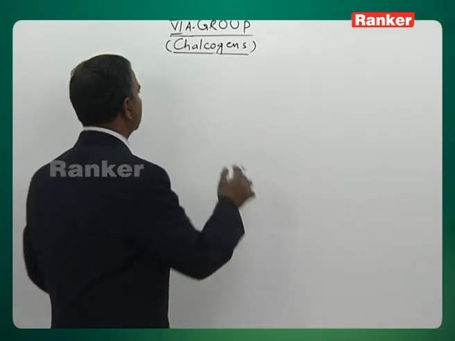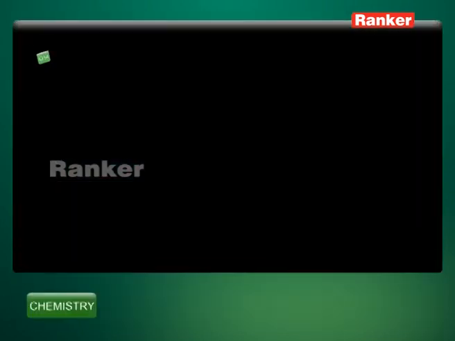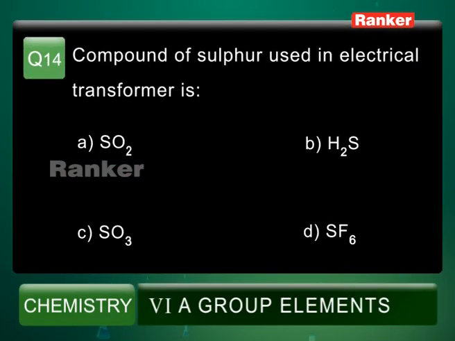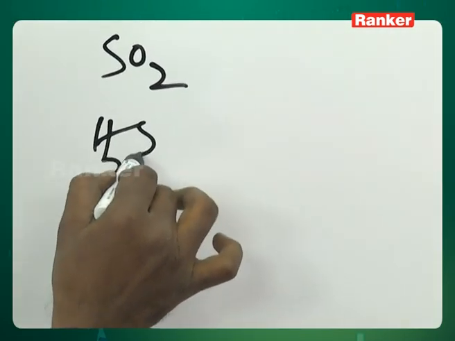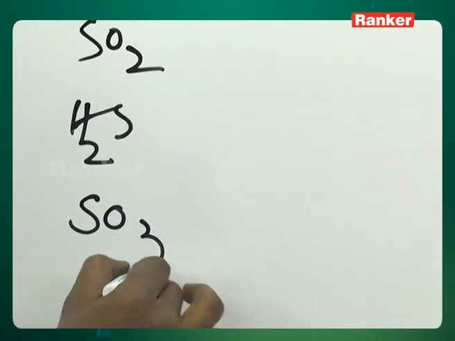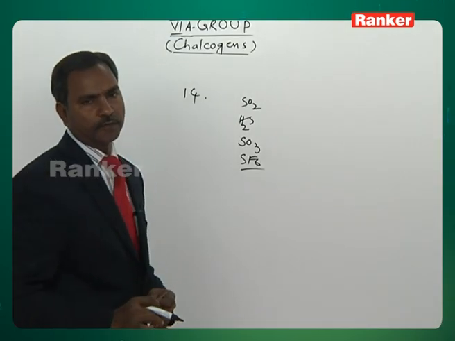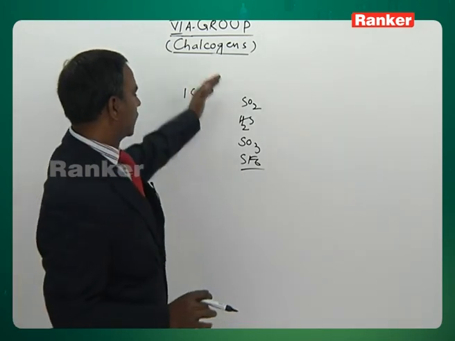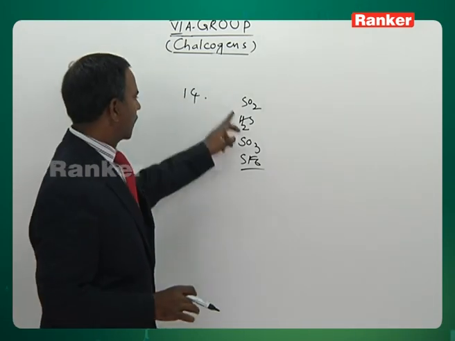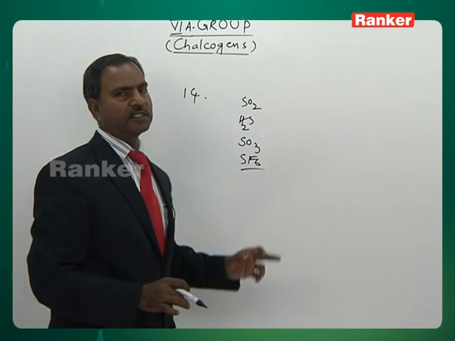Question number 14. Compound of sulfur used in electrical transformers. What is it: SO2, H2S, SO3, SF6. See, among all these sulfur compounds, all are more or less reactive, but SF6 is what?